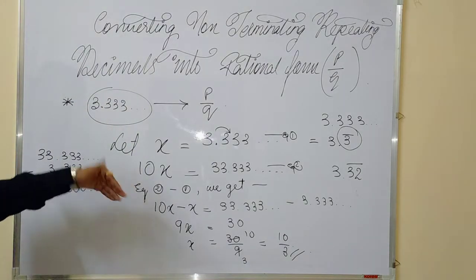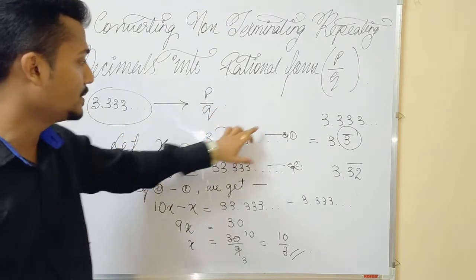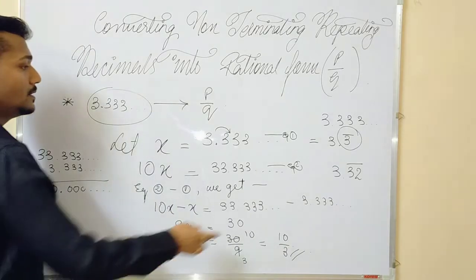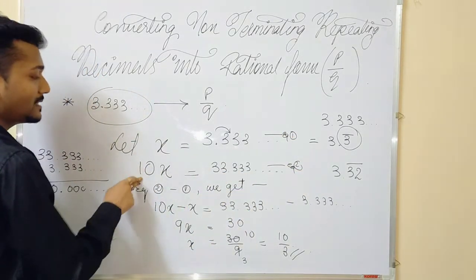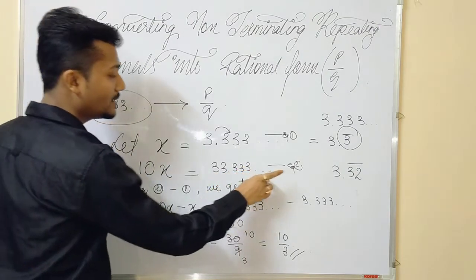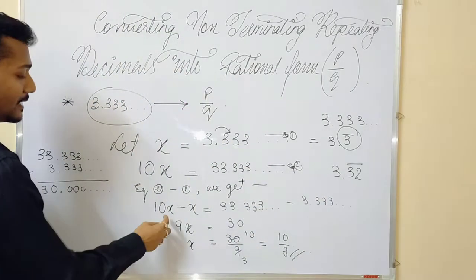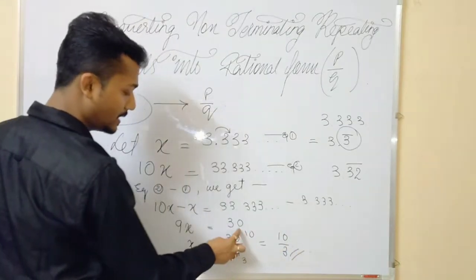Now next step, we will call the first part equation 1 and the second equation 2. Now equation 2 minus equation 1: 10x minus x is equal to 9x, and 33.333 minus 3.333. This minus this is equal to 30.